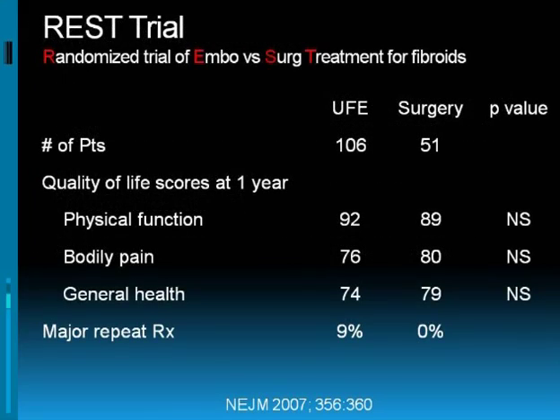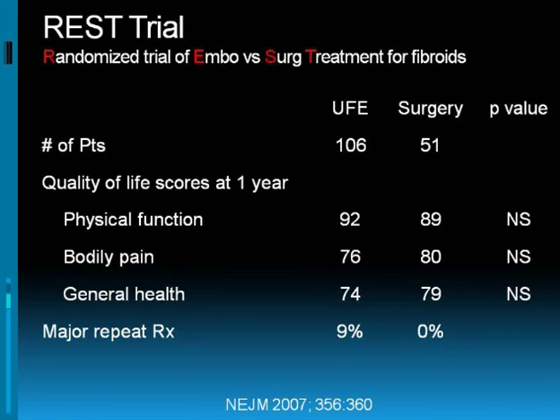Now, in terms of how patients respond to UFE versus surgery, in terms of improvement of their symptoms, this slide shows some of the data, again, from that REST trial that I mentioned earlier. And you can see that if you look at quality of life scores, in other words, this is a scoring system for determining how well a woman is doing in various categories, including physical function, pain, and general health, there were really no significant differences between the uterine fibroid embolization group and the surgical group.